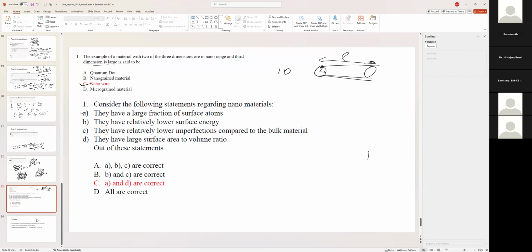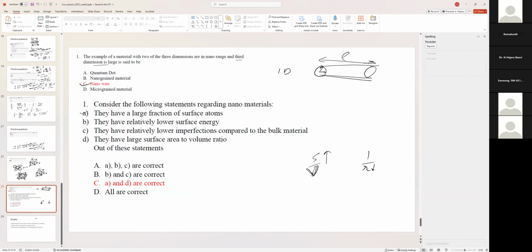So 1 over r: as r decreases, the surface atom to volume fraction increases. They have a large fraction of surface atoms.